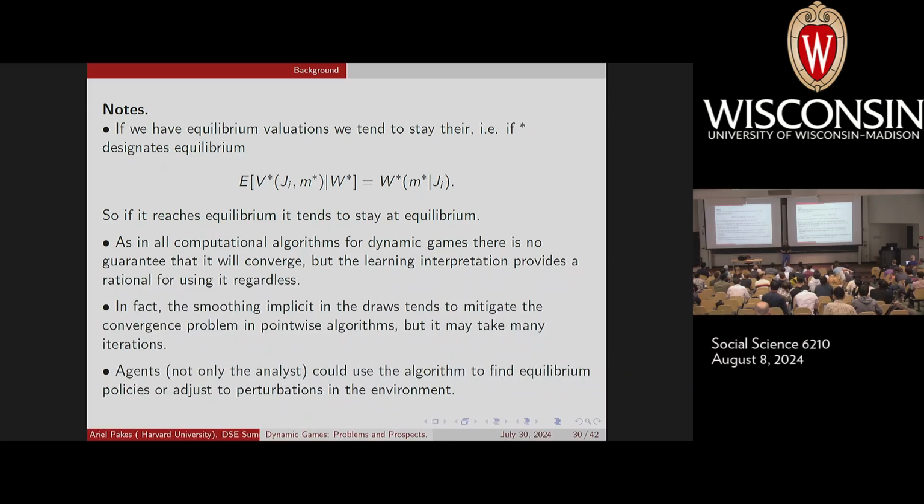I thought you were going to ask a question. No? Okay. In the W star, there isn't an object in there that's about the precision of the valuations we have in the States, right? Right. In principle, we could have arrived at an equilibrium where we're quite imprecise, but we just happened to bounce on it.